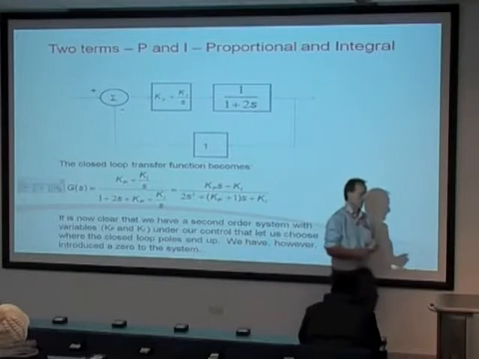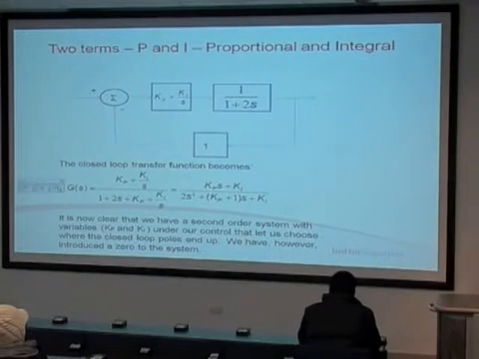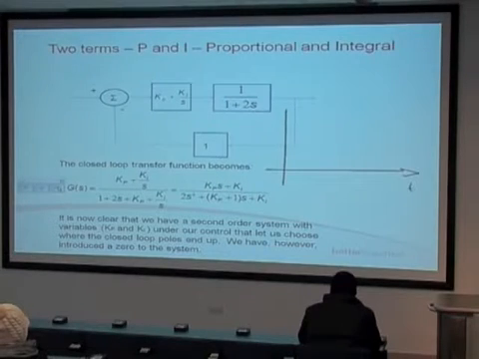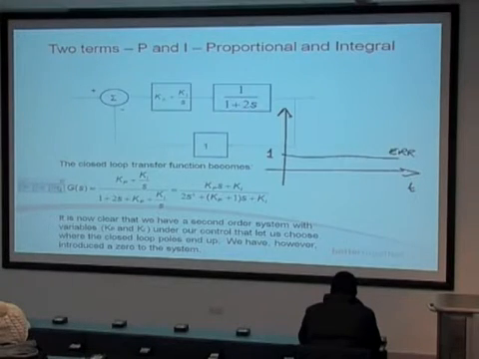I'll draw a graph in a minute. Now that they've fixed the screen down here, just a scribble on the corner. That's time. That's whatever the variable is, miles an hour, volts, whatever it is. If I have an error signal which is a constant 1, what happens if I integrate that with respect to time?